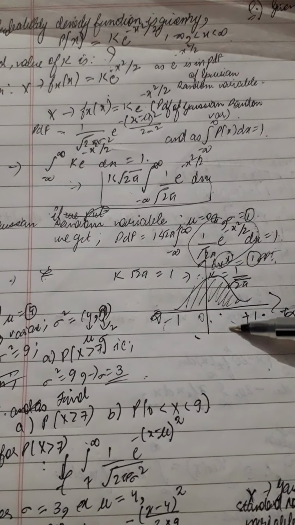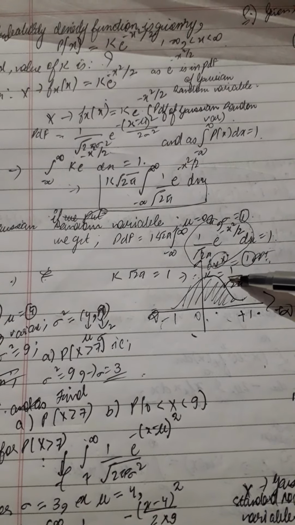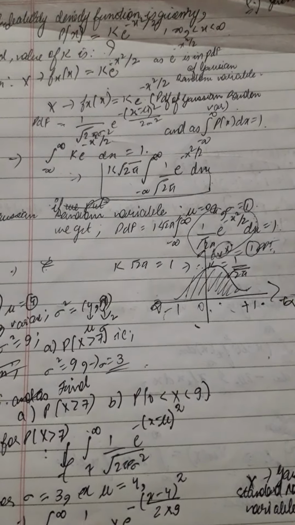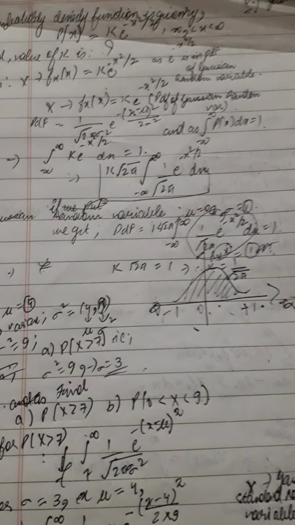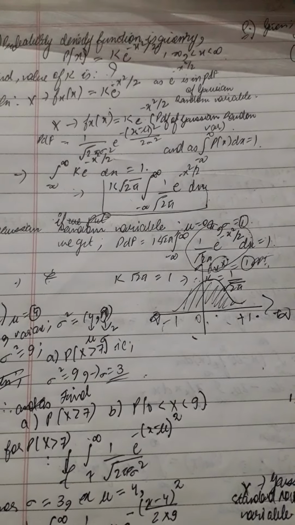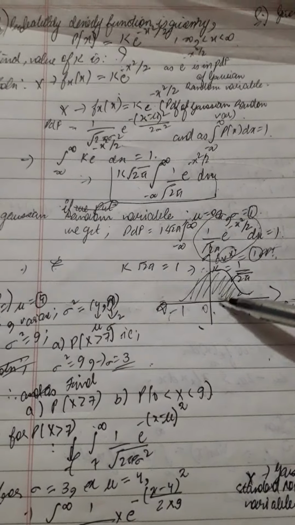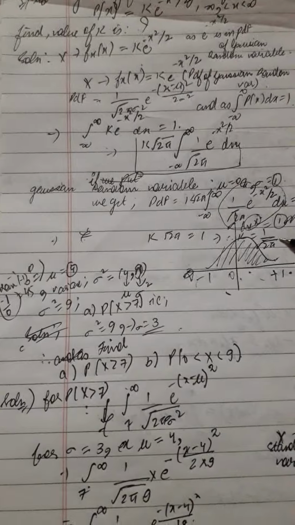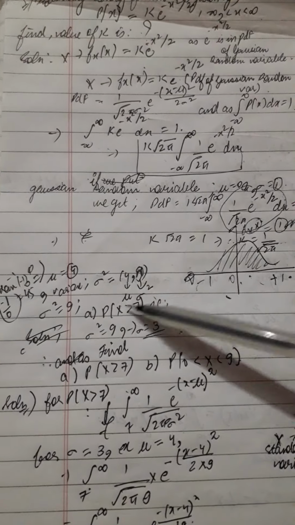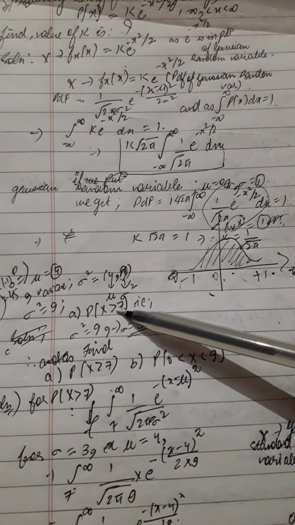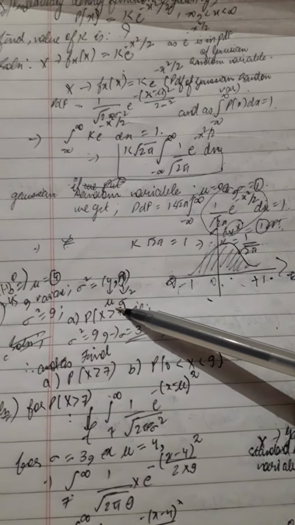We will find out the area under the graph, whatever the graph is given, and we can see at last that the area under the curve will come out as 1 only.